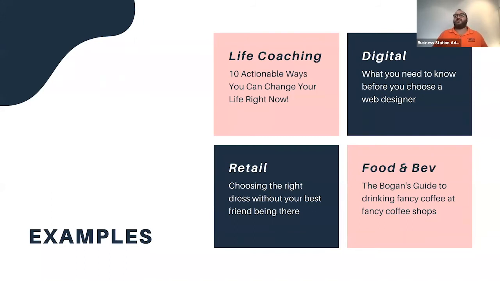In retail, it might be choosing the right dress without your best friend being there. It might sound like a funny one, but think of how often people won't buy clothing unless they've got someone else's trusted opinion right next to them to tell them whether this is a good dress, a bad dress, a shirt that's going to fit them properly, whether that color looks good on them, or that famous question that nobody can answer correctly, which is, do I look fat in this?